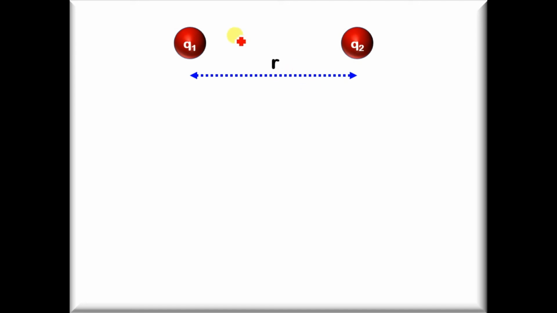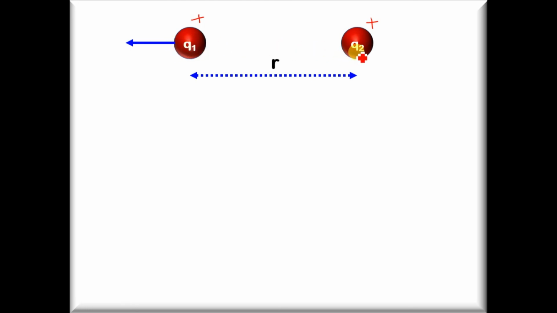Suppose you are taking two charges, here I am considering both are positive charges, that means Q1 is positive and your Q2 is also positive. Now we will write the forces acting on each other. The force acting on Q1 due to Q2 is always in this direction, because both are positive charges and the force is repulsive.